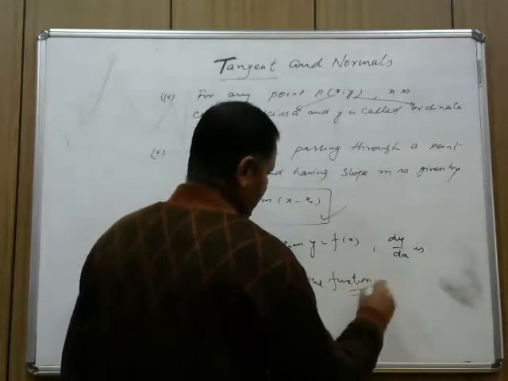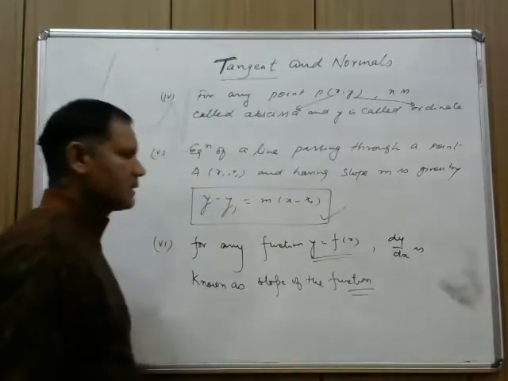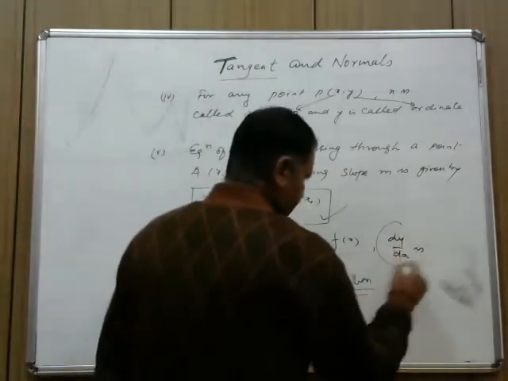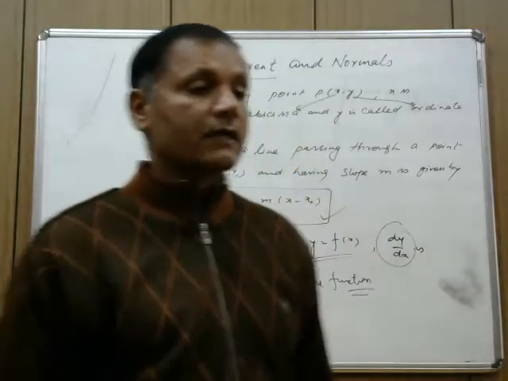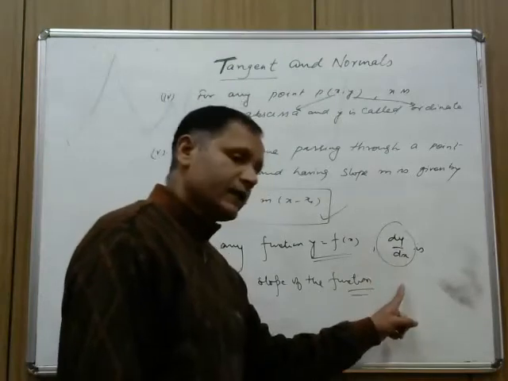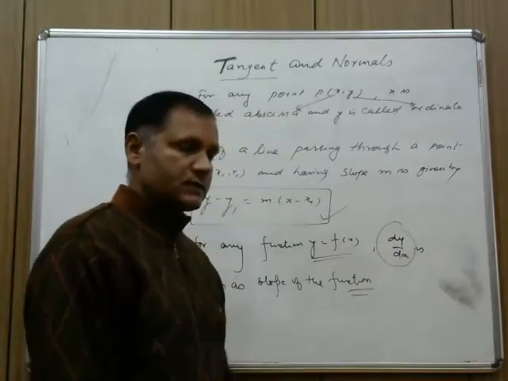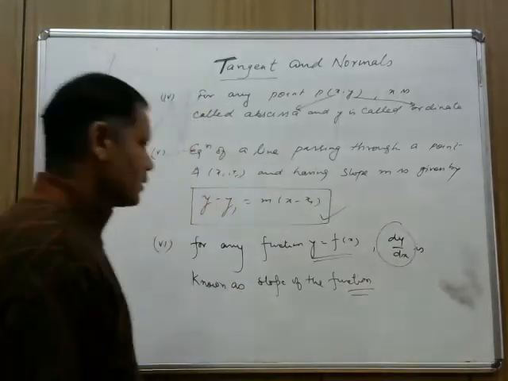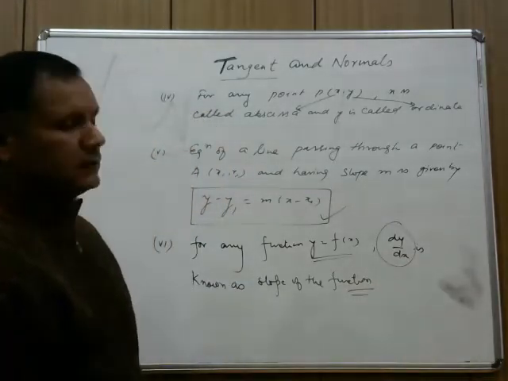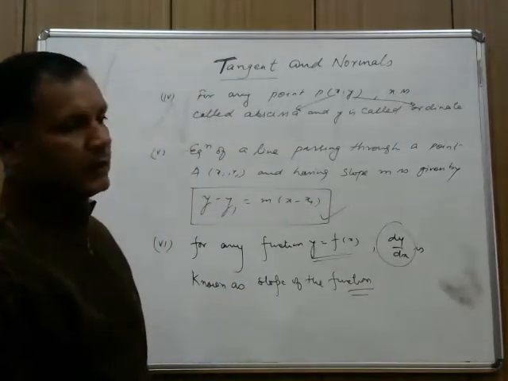That means for any function y is equal to f of x, dy by dx, that's why it is called application of derivative. dy by dx, differentiation of y with respect to x. This dy by dx is called the slope of the given function y is equal to f of x.